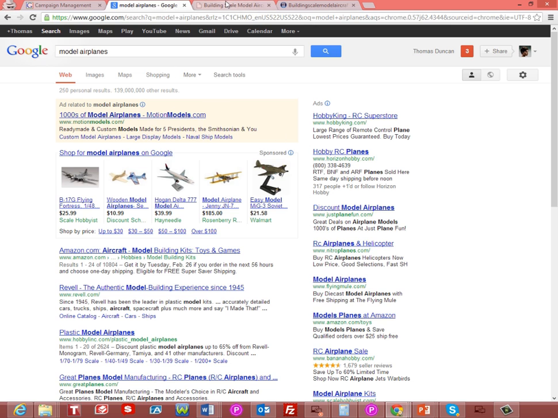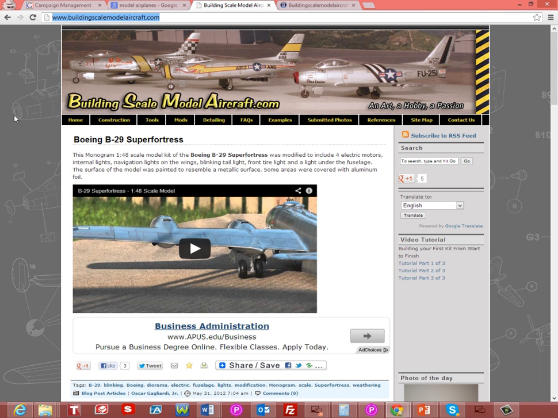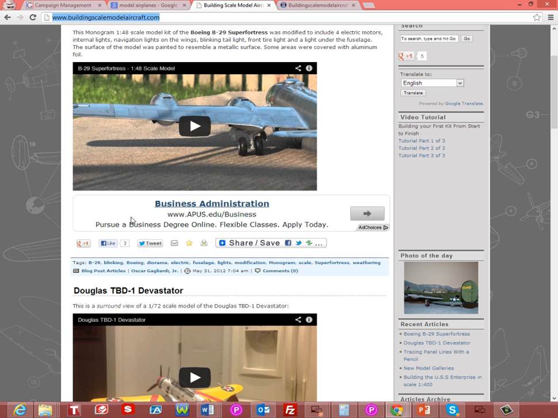Now, another way to be found, or another way to advertise, is to advertise directly on a website. What you're looking at on this part of the website is a Google advertisement. Okay, this is a person who is paying per click. So every time that you click this ad, the person who's advertising, in this case, apus.edu, will have to pay. Right? But that's pretty important because they feel as if this website is going to produce for them the desired effect.